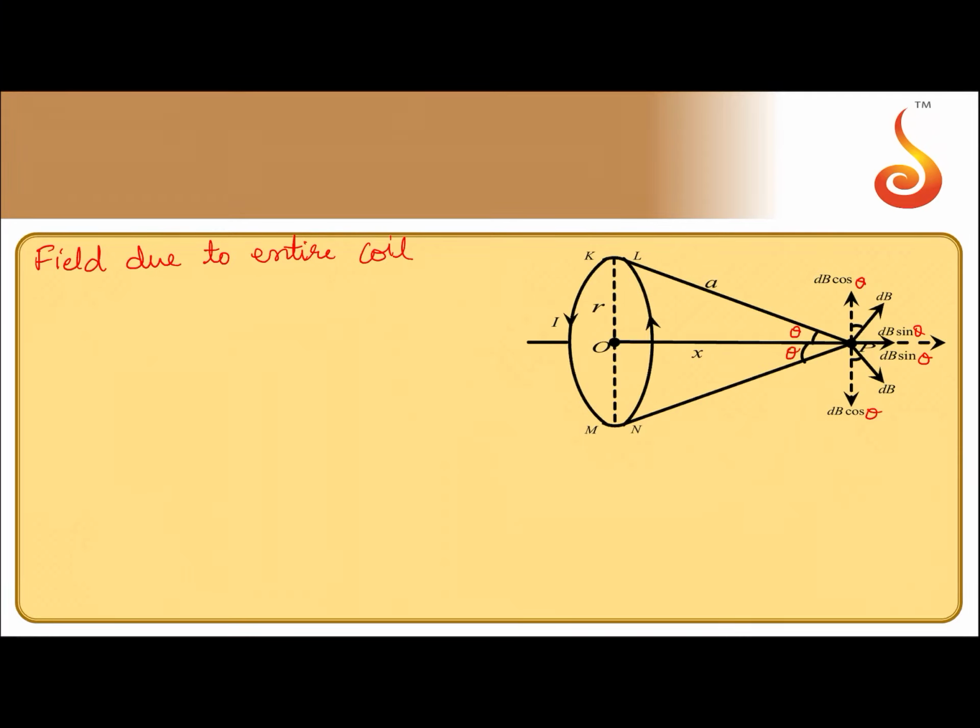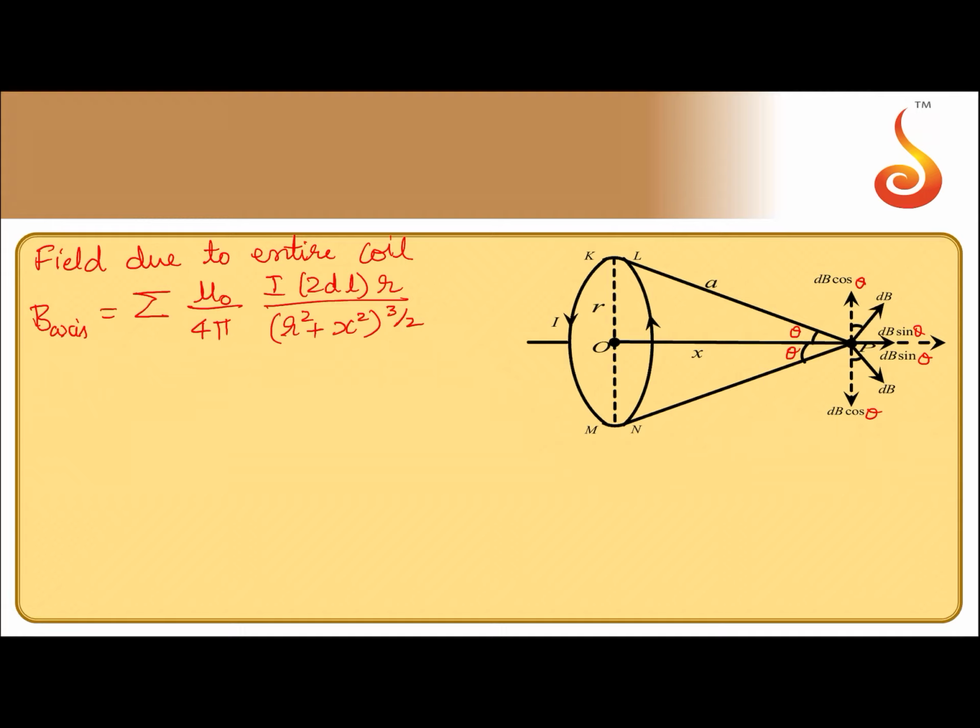So what you get is the field along the axis equal to summation mu naught by 4 pi, I into 2 dl into R divided by R square plus X square whole to the power 3 by 2.